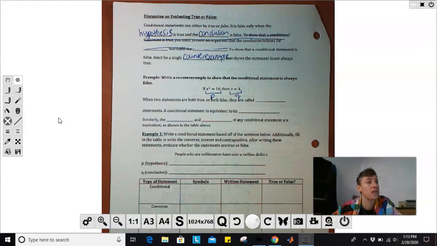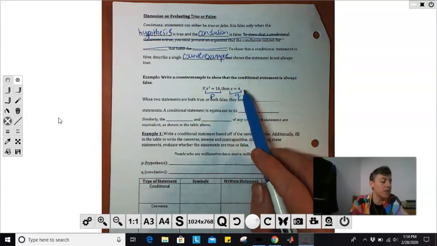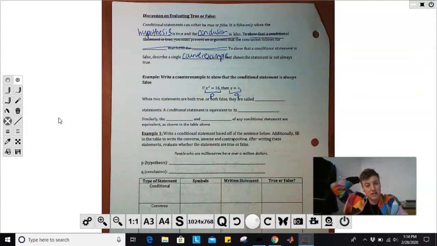Do any of my genius B2 scholars know what other number that we could square and get 16 that is not 4? Let me give you a hint. Negative 2 squared is positive 4.